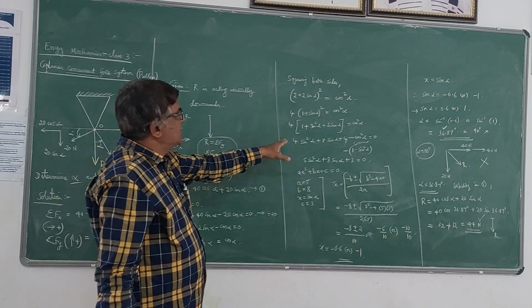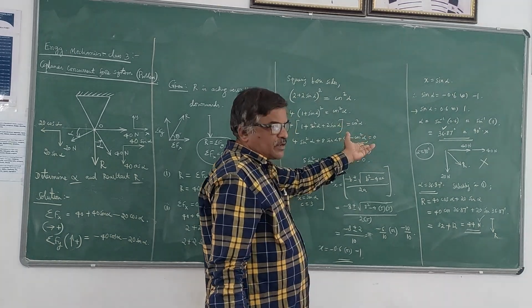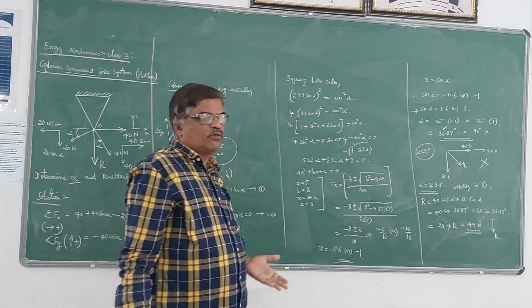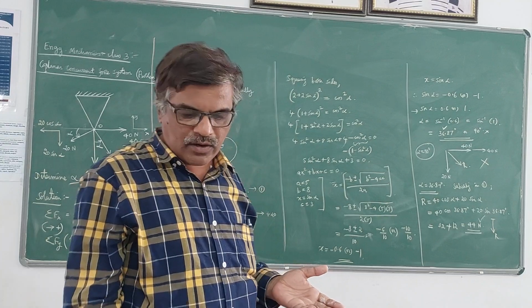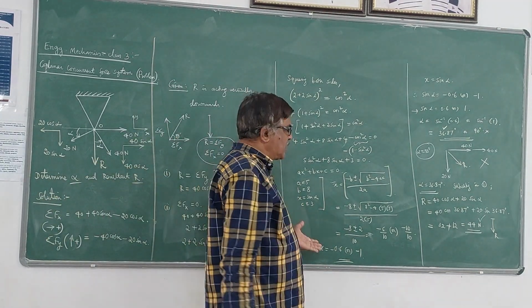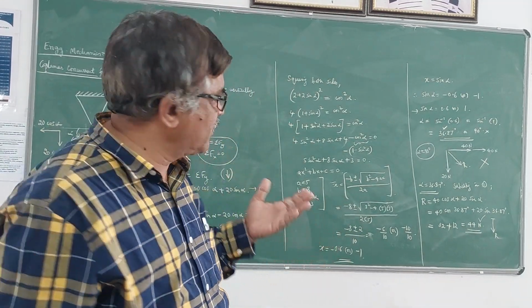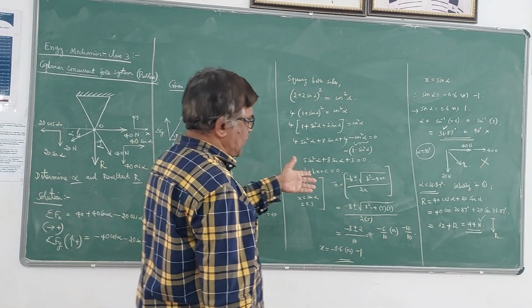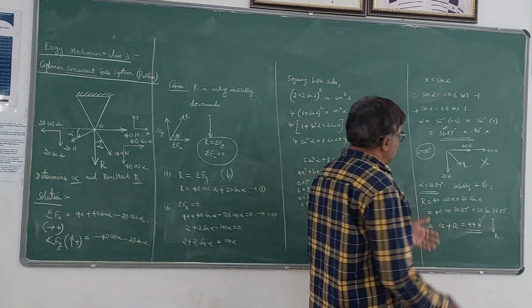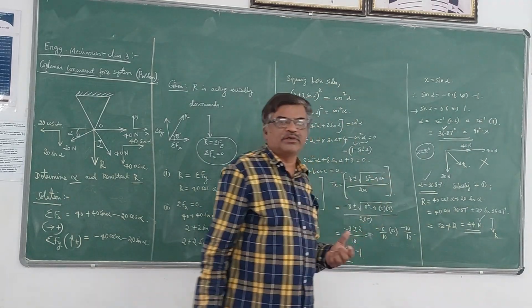Then we will get a sin square alpha term, which you have to express as 1 minus cos square alpha. You will be getting a quadratic equation in terms of cos alpha. Two values of alpha there also, you will get the same answer. You can just check that. Whatever equation you get here, the final answer should be the same.